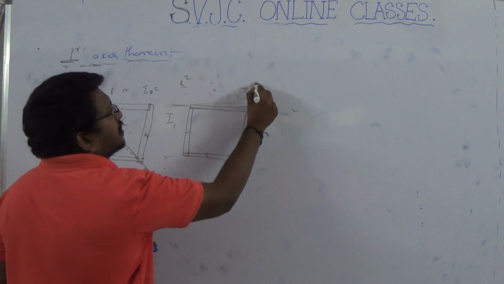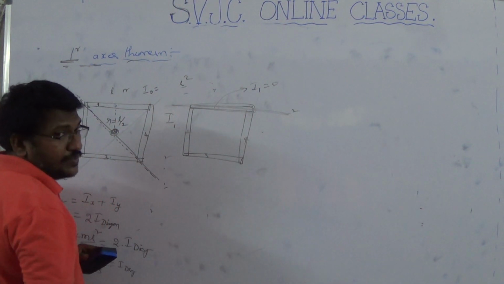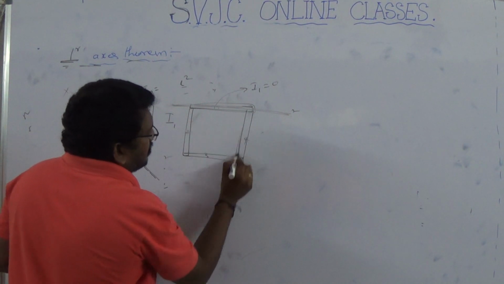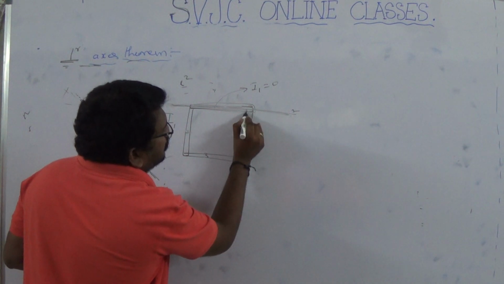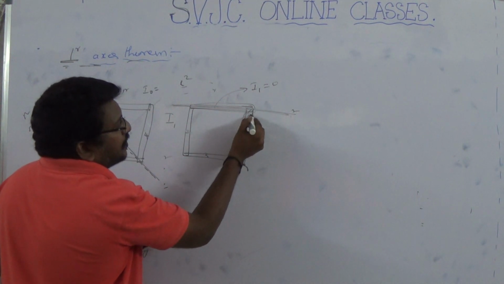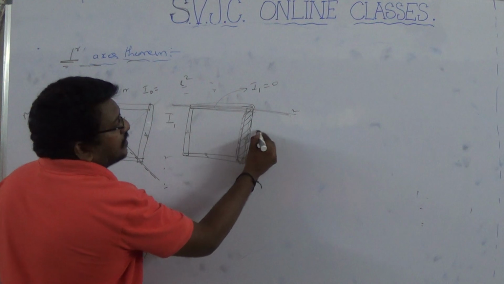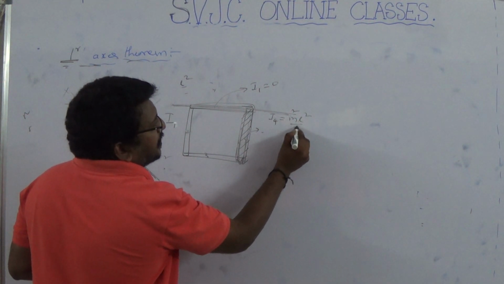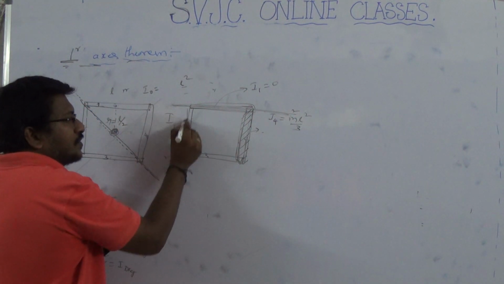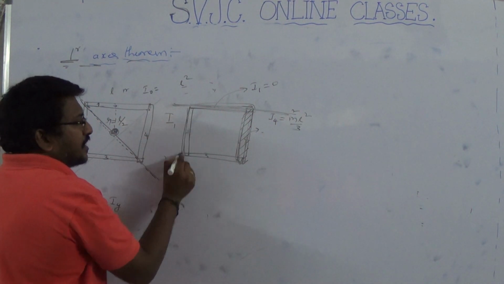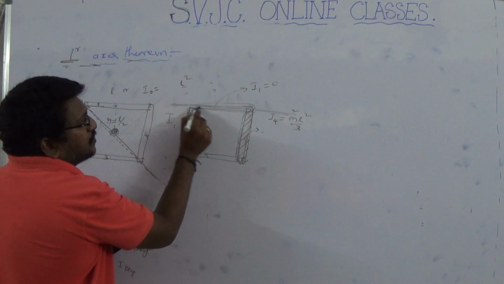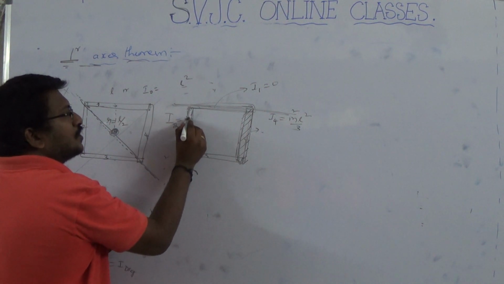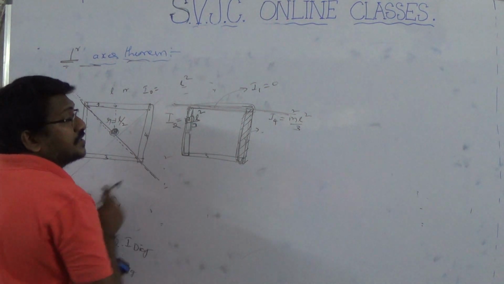That's why the moment of inertia of the first rod becomes 0. And one more, this rod, the fourth rod: the axis passes through one end of the fourth rod. So with respect to this axis, we can write I4 equal to ML square by 3. Here also, the axis passes through one end of the second rod, so we can write I2 is equal to ML square by 3.